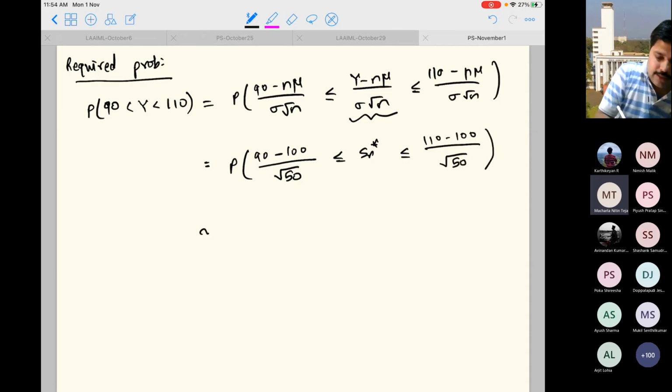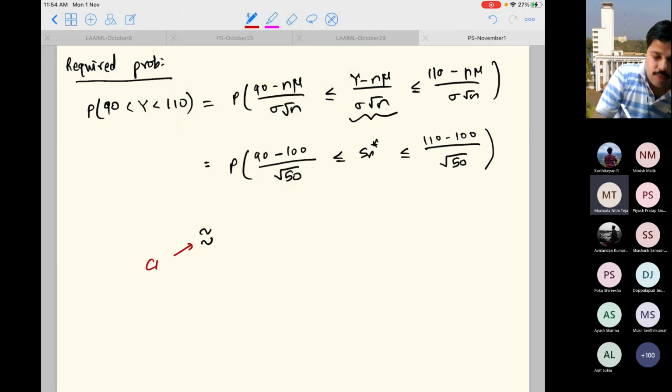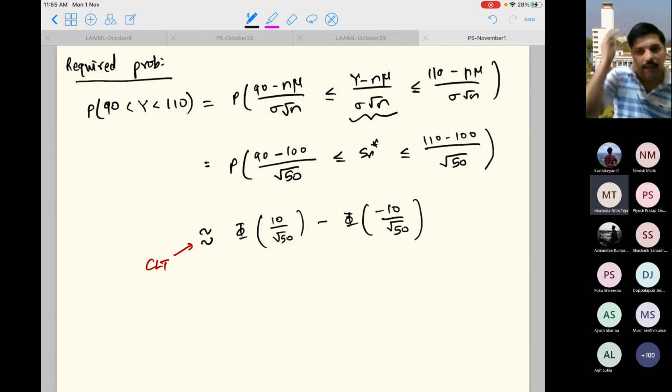So this is approximately equal to, where the approximately equal to comes from central limit theorem, phi of 10 divided by root 50 minus phi of minus 10 divided by root 50. Is that correct?